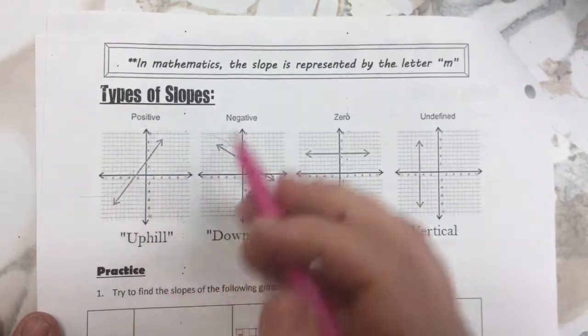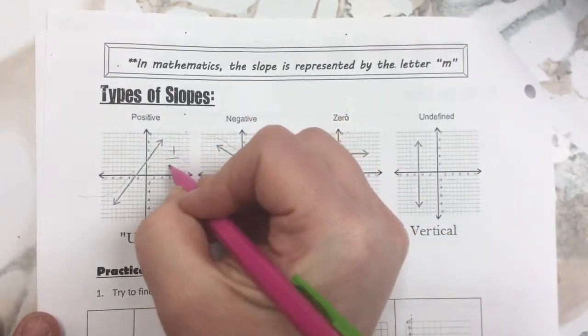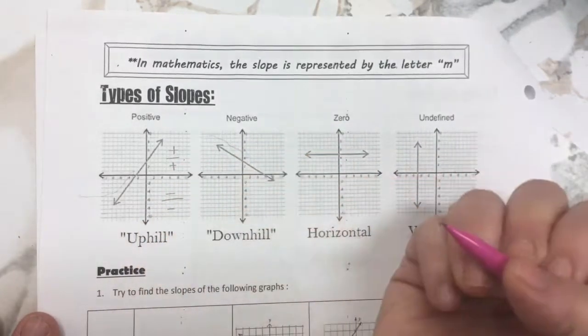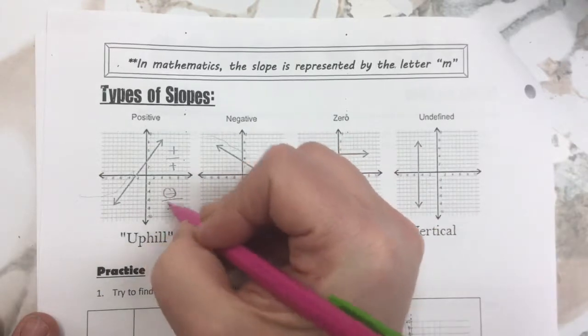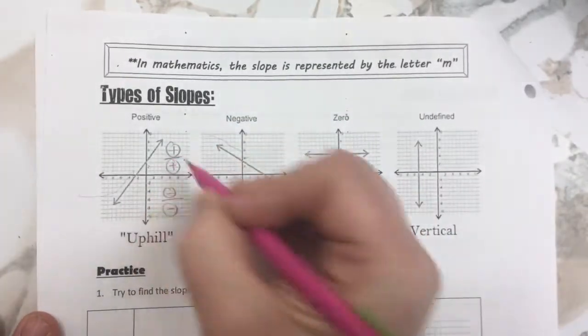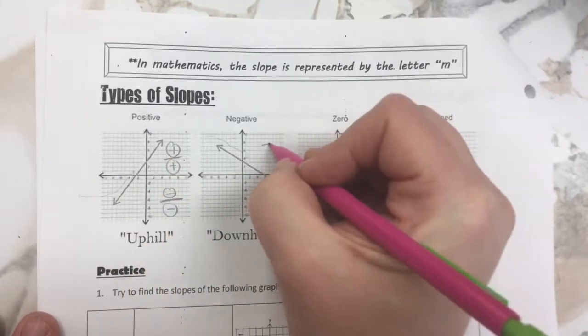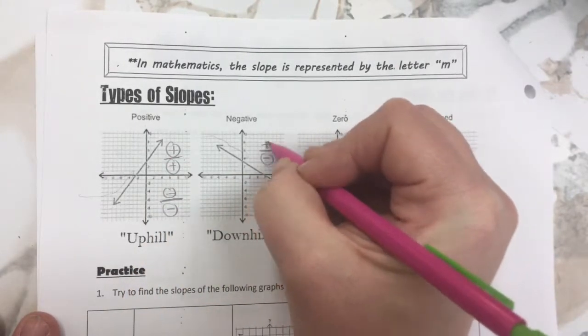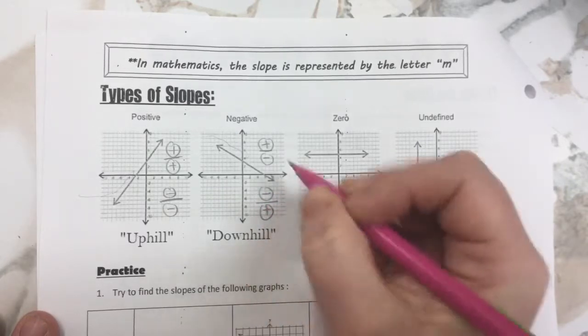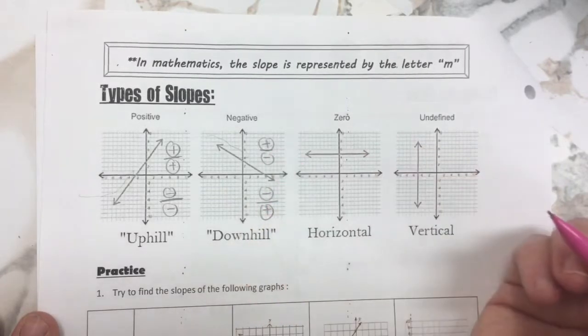So a positive slope is going to have a fraction with a combination of 2 positives or 2 negatives, okay? That's going to be your slope fraction. A negative is going to be a combination of a positive and a negative, so either one's going to be on the bottom or one's going to be on top.